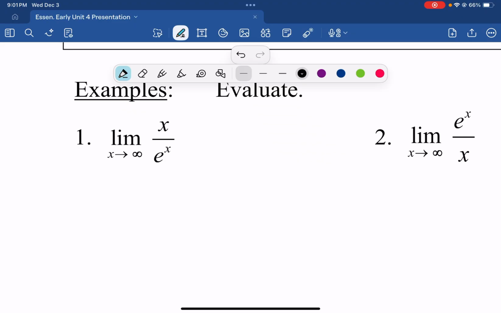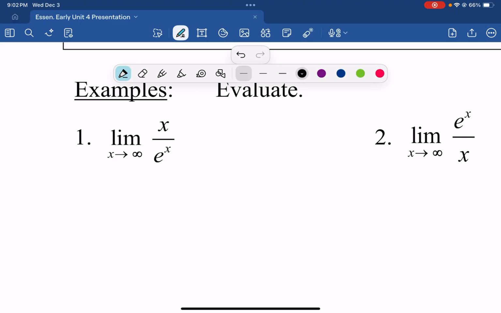The limit as x approaches infinity of x is going to go towards infinity. Plug it in. Okay, so that one's infinity. And the limit as x approaches infinity of e to the x, well, it's e to the power of infinity, is going to go towards infinity. So ultimately, we're going to get infinity over infinity. So we're going to need to use L'Hopital's rule.